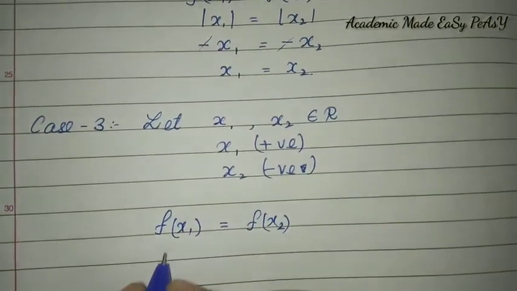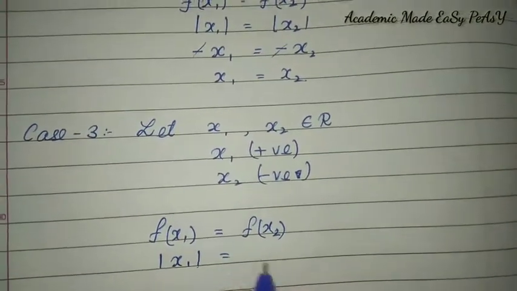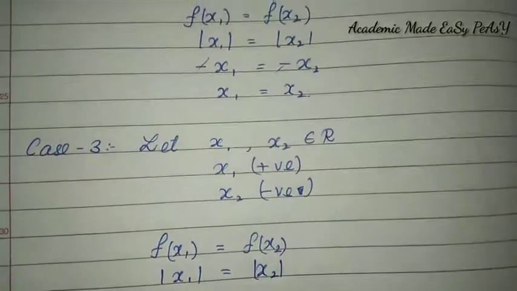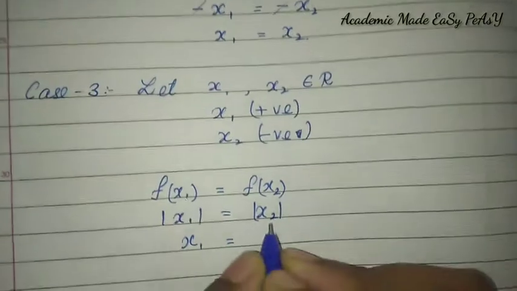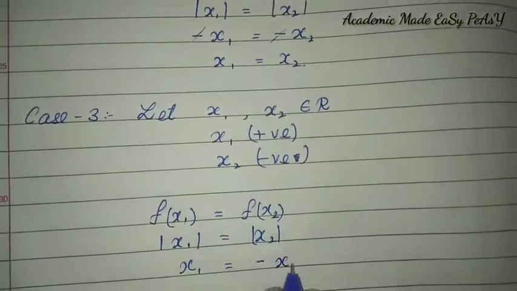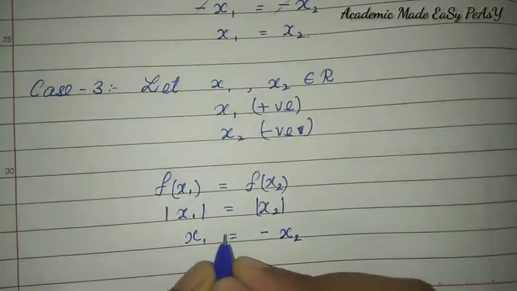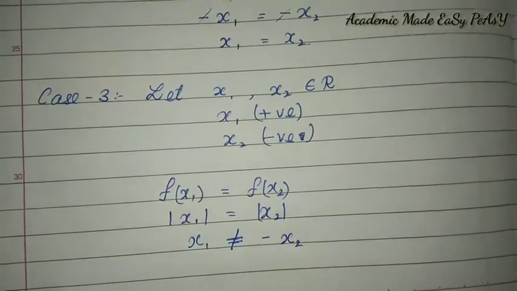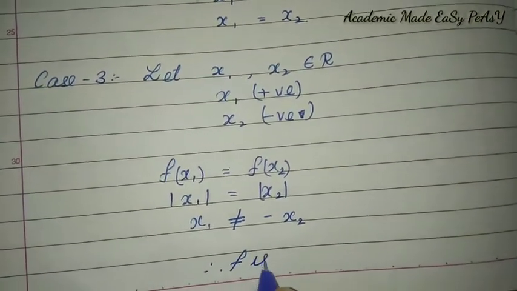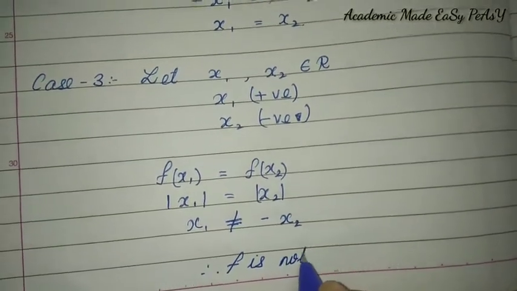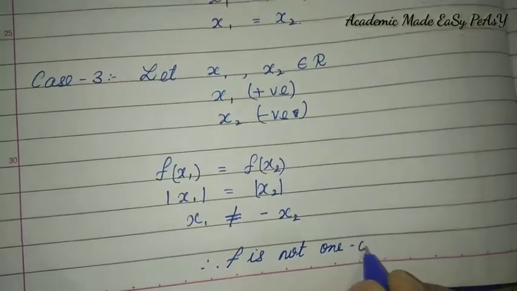So mod of x1 is equal to mod of x2. So mod of positive is x only, mod of negative is minus x, so minus x2. Therefore, this condition is not satisfied. So I will say that f is not 1 to 1.